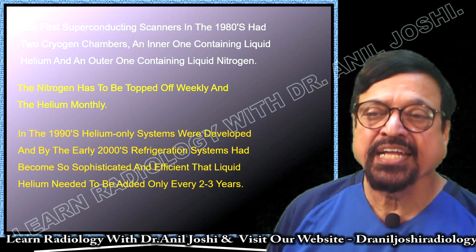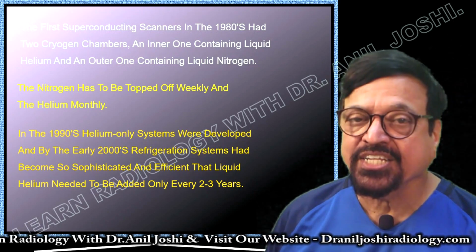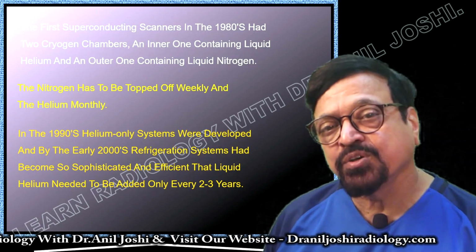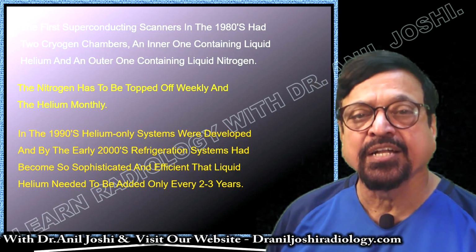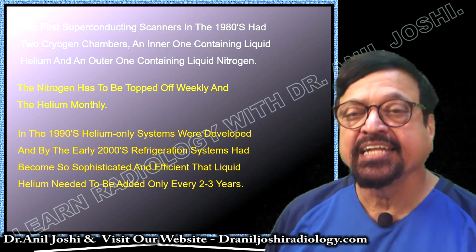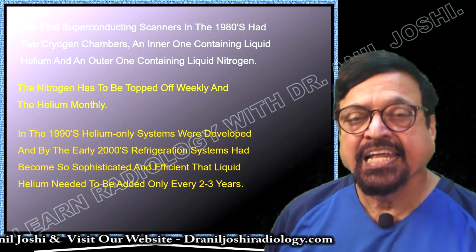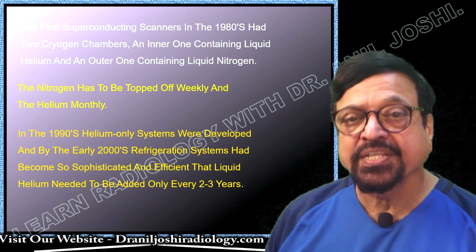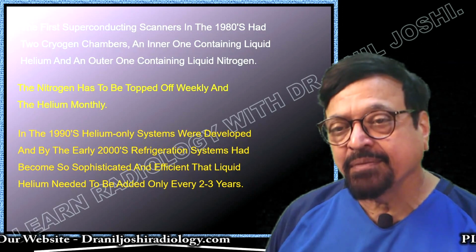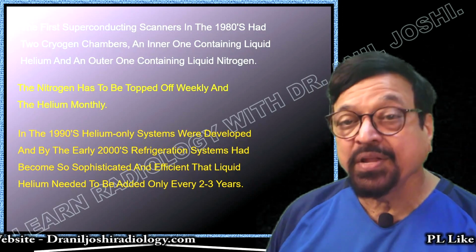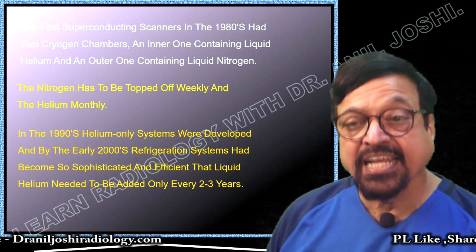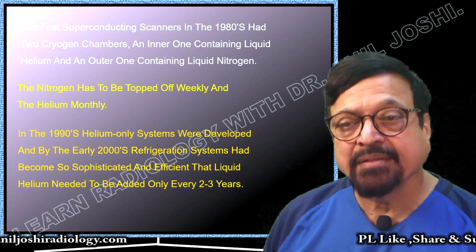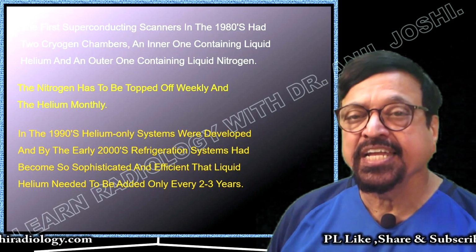It is because of the different techniques of refrigeration, the good design of the cold head, and the helium circulating assembly. By improving these, we have achieved that the helium, which in earlier machines needed to be replaced every week, now in present machines we don't have to change for 2 to 3 years.